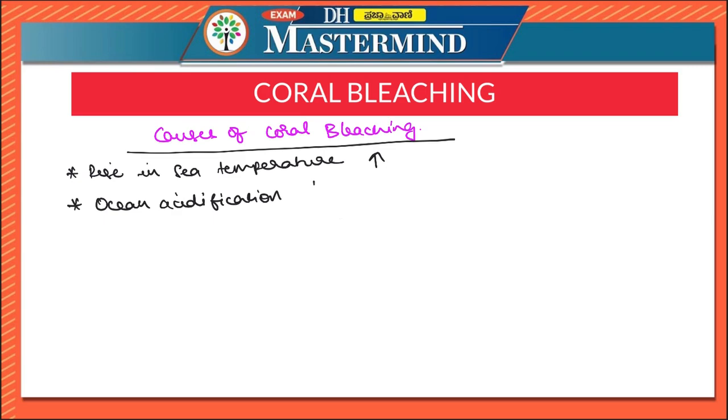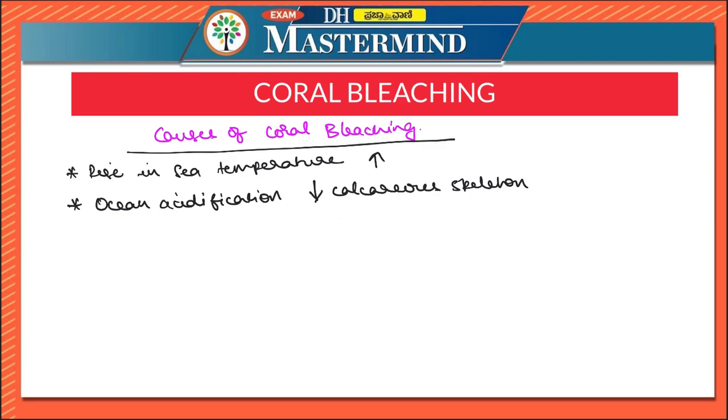Please remember, calcareous skeletons will dissolve in highly acidic water, which in turn inhibits the ability of the coral to create them. This is crucial for survival.